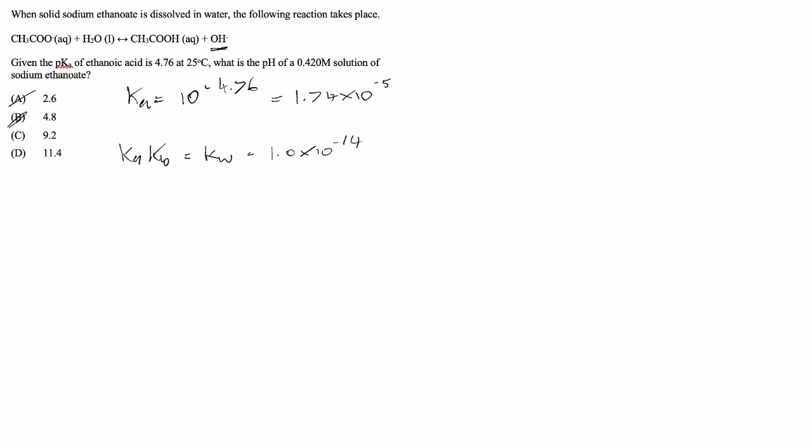We need to work out Kb to put it into our expression in a second. So let's say that Kb is equal to, we'll rearrange this, 1.0 times 10 to the negative 14 over Ka, 1.74 times 10 to the negative 5. That's going to give us 5.75 times 10 to the negative 10. That's our Kb value.